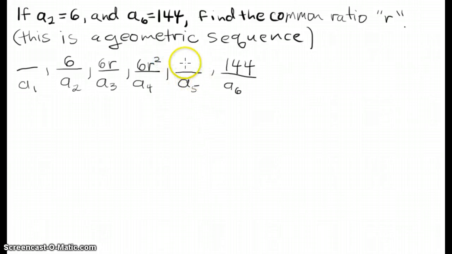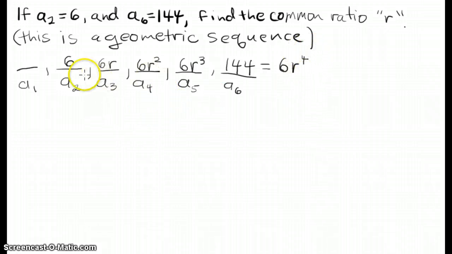And then A5 is going to be 6r to the third power. And then A6, we know that this is actually equal to 6 times r to the fourth power, because we just have to multiply, of course, by r again to get the next term, because that's how geometric sequences work.